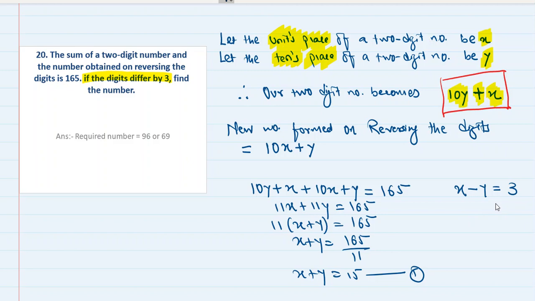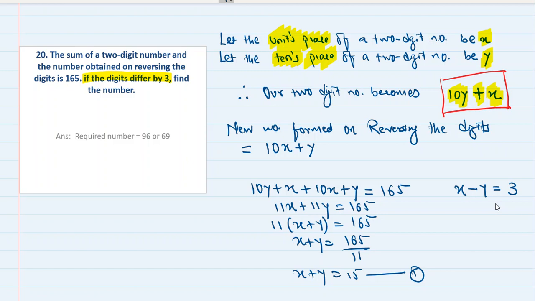So either y is greater than x or x is greater than y, and both cases are valid because from the information given in the question till now, it is not clear. They have not clearly mentioned which number is greater and which is smaller. Whether the tens place is greater or the units place is greater, nothing has been mentioned.